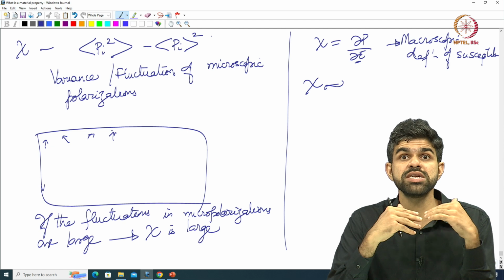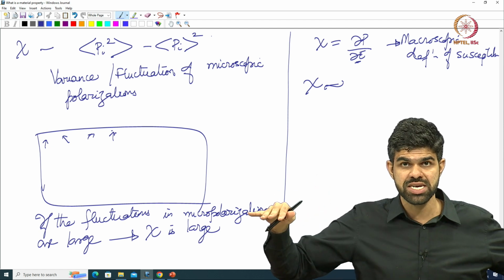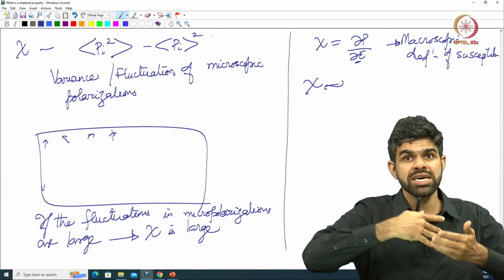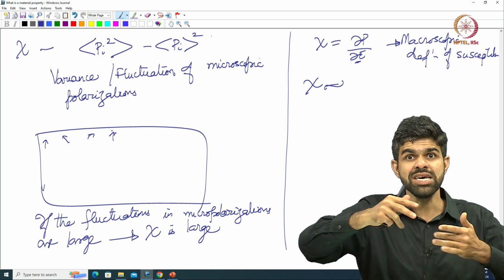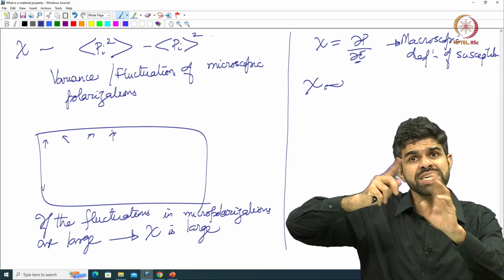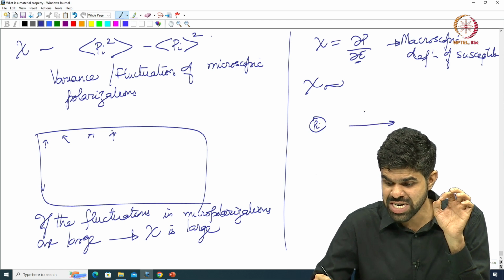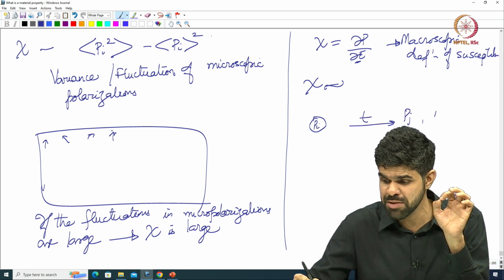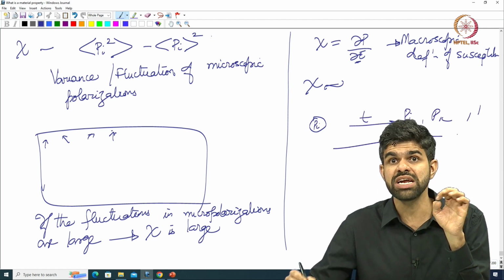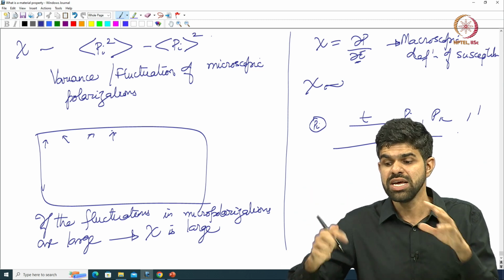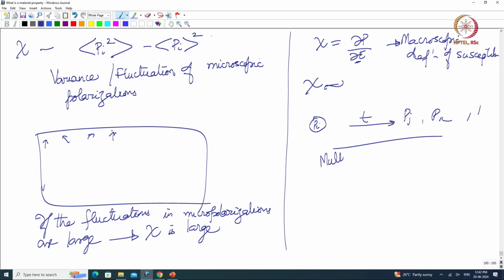If this material has competing polarization states it can exist in, or as I go in time these polarization states are fluctuating and evolving, I can take one polarization state P_i, and with time this polarization state becomes P_j, P_k, so it fluctuates a lot. Even here there are multiple polarization states, but that is happening in time, of a single microdomain.